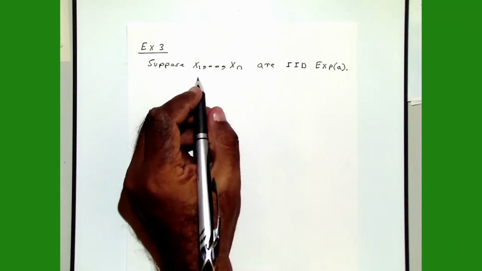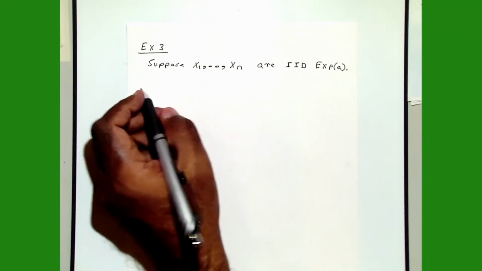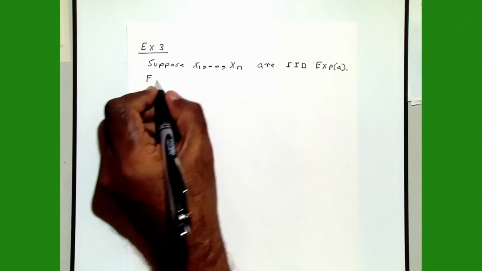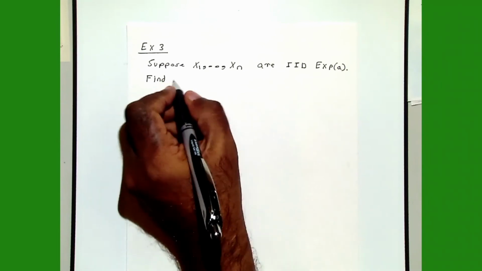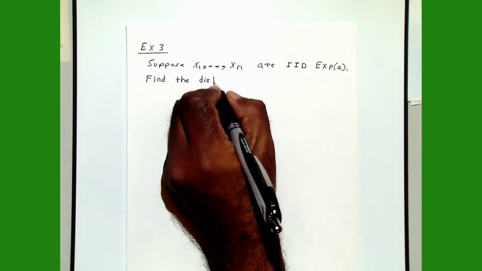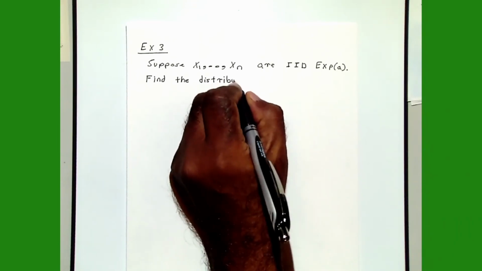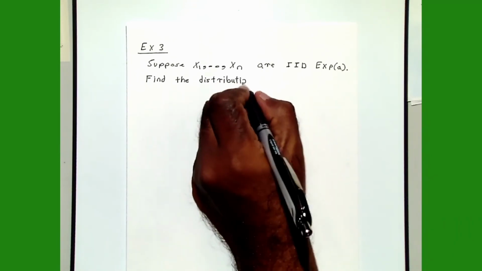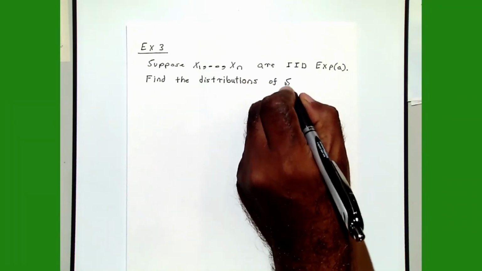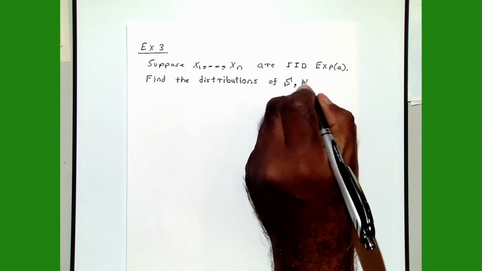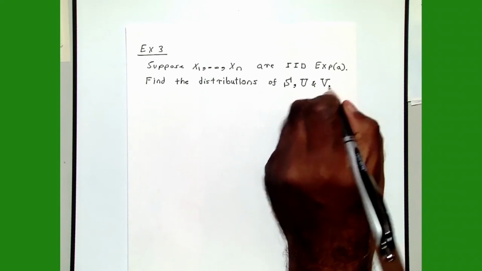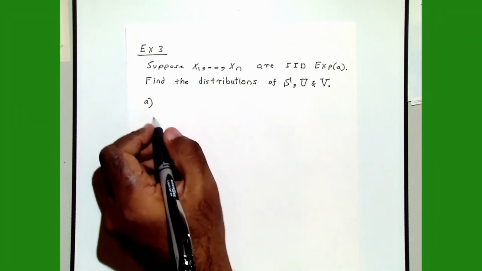Suppose the losses are IID, exponentially distributed with parameter A. And the question is to find the distributions of S, U, and V. Okay, so let's start with S first.